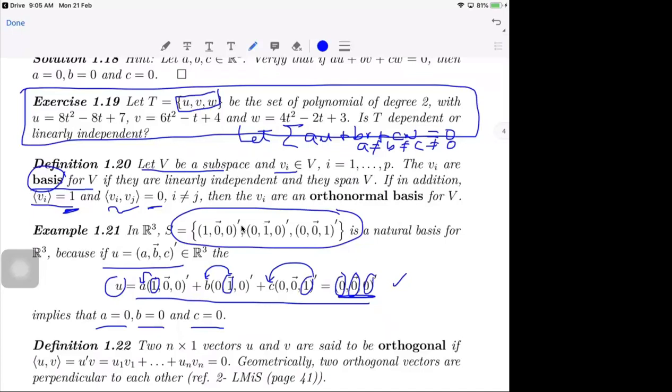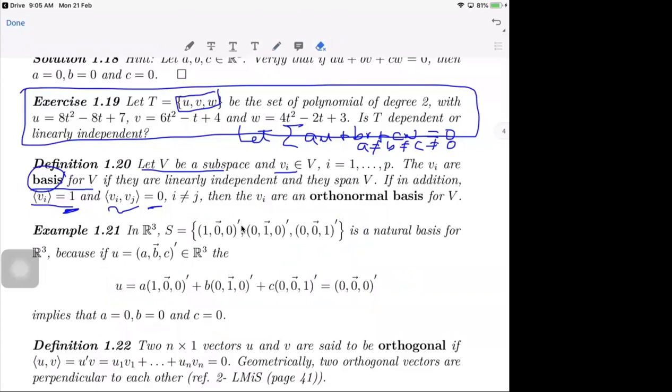So this set of vectors (1, 0, 0), (0, 1, 0), and (0, 0, 1) will be a natural basis. Of course, there are other bases for S, but these are the natural basis for S.